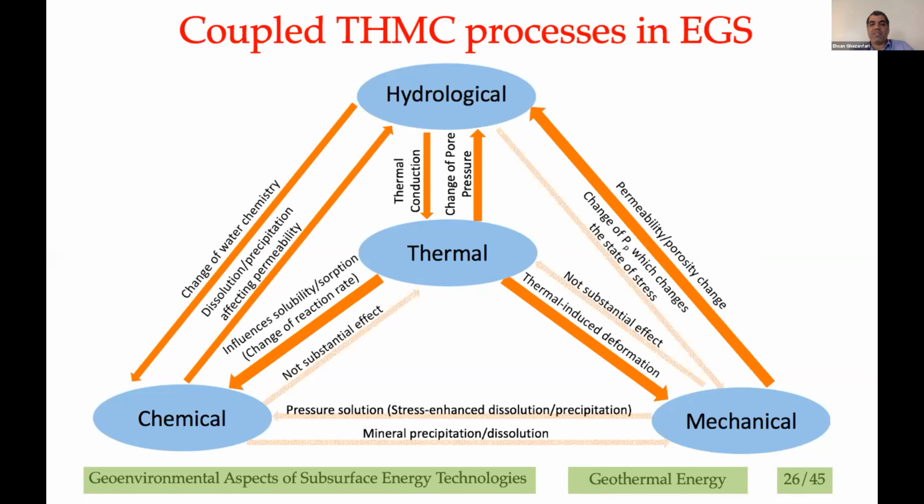The point of this schematic is to show that all of these processes are interconnected. You cannot separate one and just study the hydrological or just study the chemical or thermal. You have to look at it holistically.